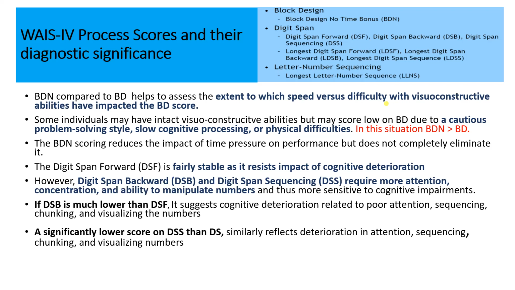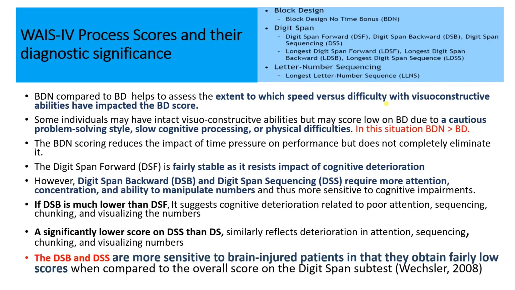Similarly, a significantly lower score on digit span sequencing than the overall digit span may also reflect deterioration in attention, sequencing, chunking, and visualizing numbers.